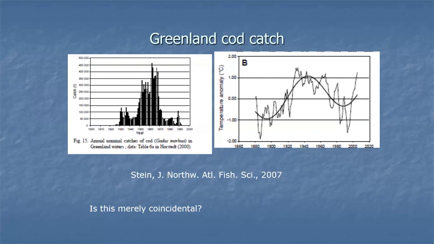So this plot, the plot on the left, shows the annual nominal catches of cod in Greenland waters. Now, the cod is a very, very important fish in history. It spurred much of the colonization of North America. And one of the great fisheries for cod is in the Labrador Sea and North Atlantic on the Georges Bank off of the coast of Canada.